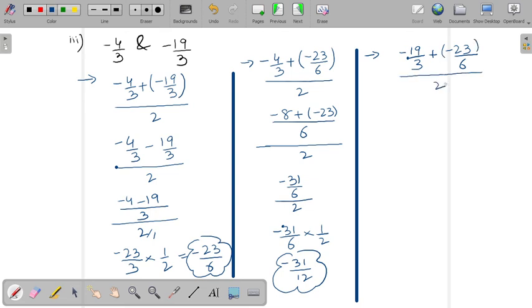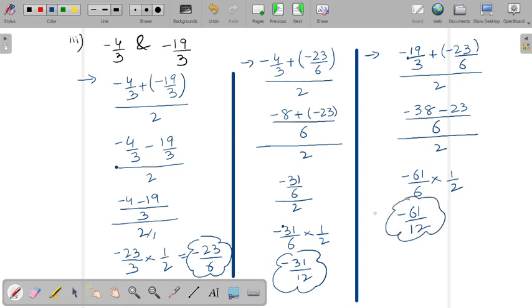So same procedure, take its LCM, divide and multiply. So minus 38 minus 23, and whole upon 2. So it would be minus 61 upon 6 and 1 upon 2. So minus 61 upon 12 will be one of the rational numbers.